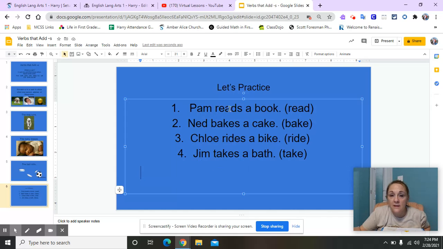And if you look at each of our verbs, we added S to show what the singular or the one noun does. Pam is one girl and she reads a book. Ned is one boy and he bakes a cake. Chloe is one girl and she rides a bike. Jim is one boy and he takes a bath.